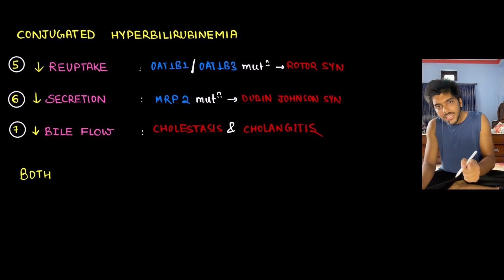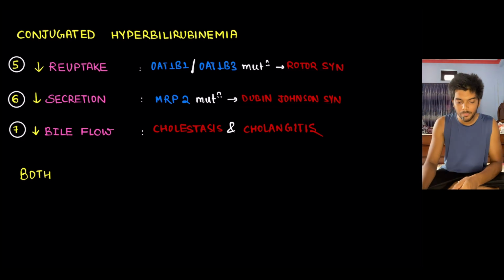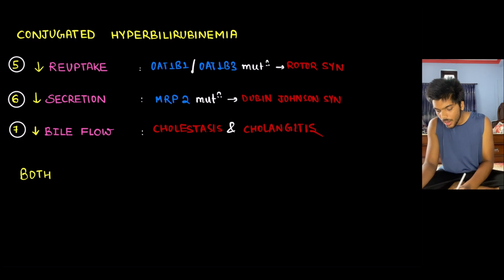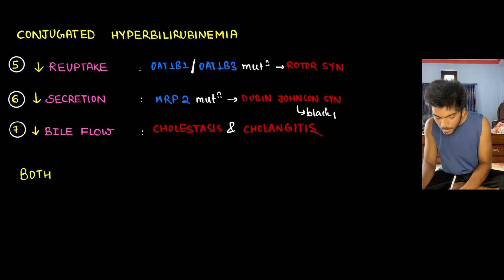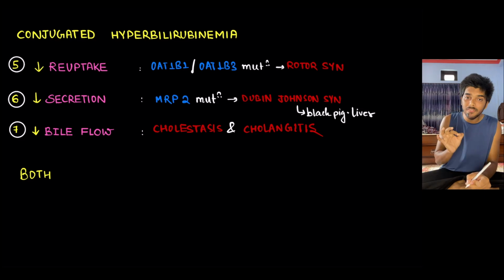Another question: what is the main difference between Rotor syndrome and Dubin-Johnson syndrome? The difference is, in Dubin-Johnson syndrome, the liver is black or highly pigmented. So when you do the biopsy of the liver, grossly it is black pigmented.